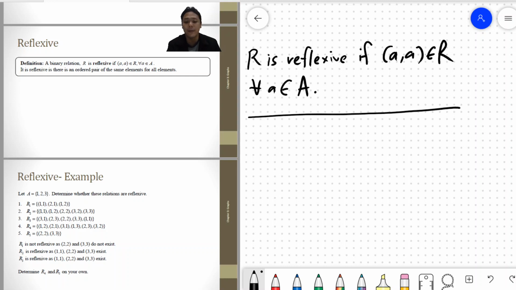for this case of reflexive, we must identify first the elements that are in the set. For example, if we start with A, you have 4 distinct elements.